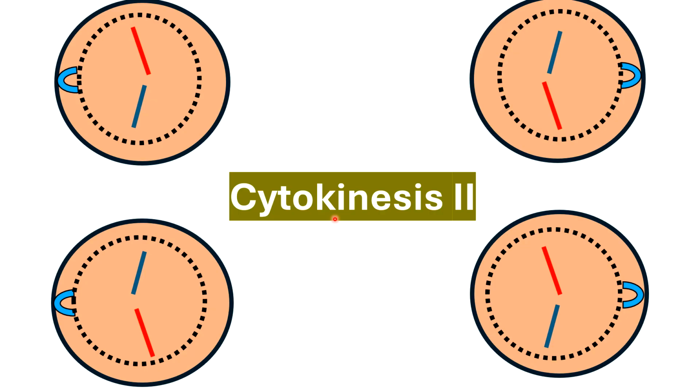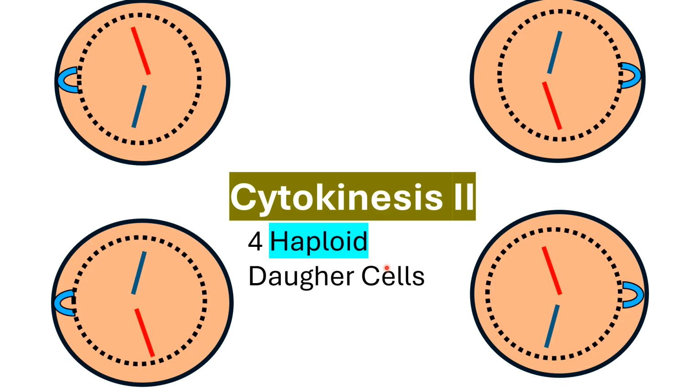And again, the number of chromosomes has divided. It went from 8 chromosomes to 4 chromosomes, and now 2 chromosomes per cell. Wow. 4 haploid daughter cells is the final product of this division.